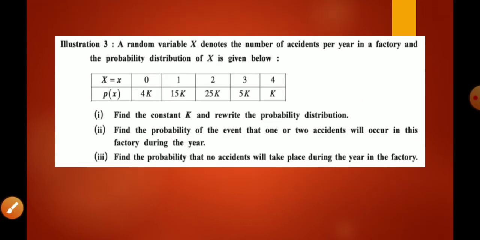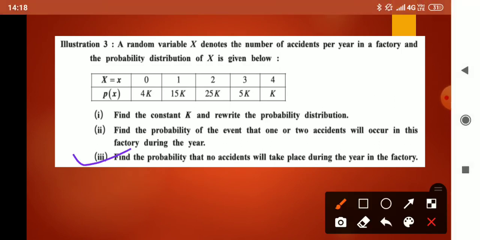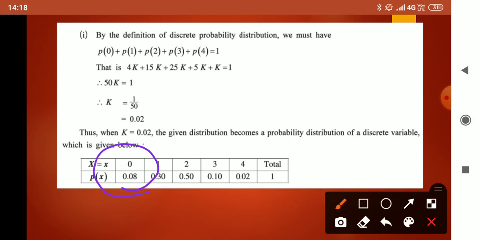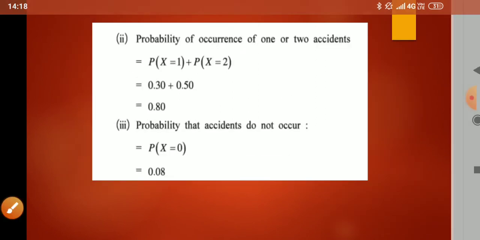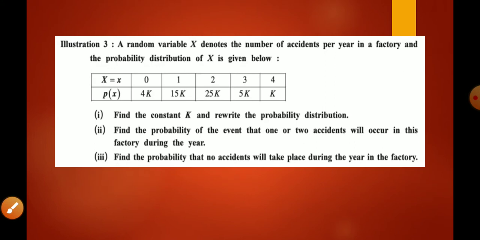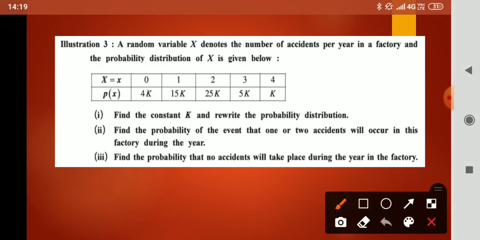Now in the sum, third one, find the probability that there are no accidents, that means P0. In P0 we have 0.08, so your answer will be 0.08, no accident. In this way we have solved the sum: we found the k constant and rewrote the probability distribution.